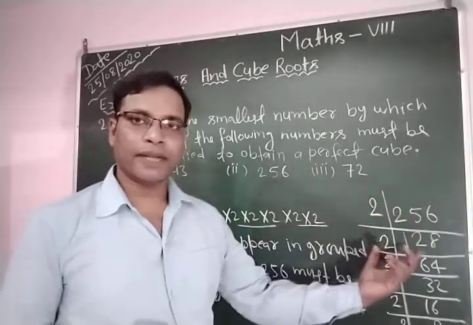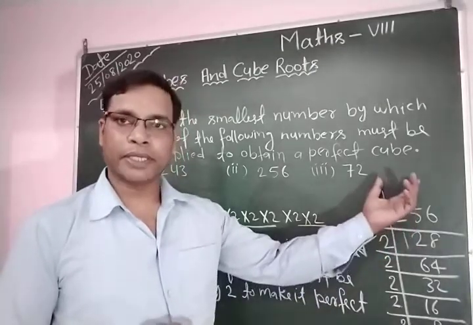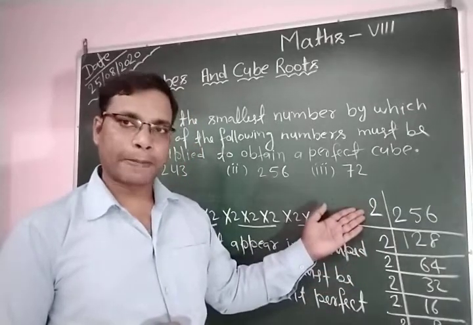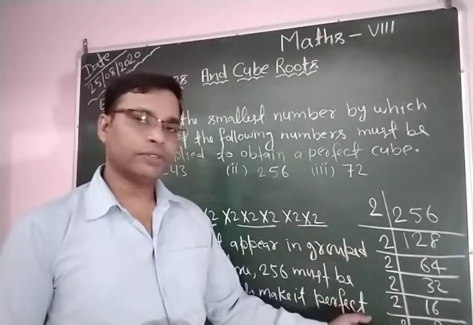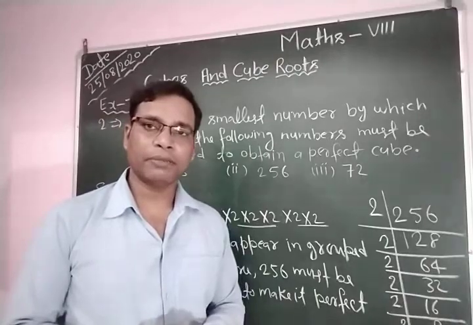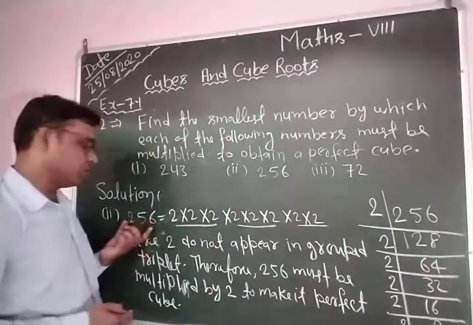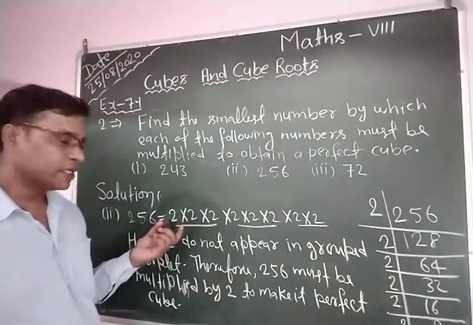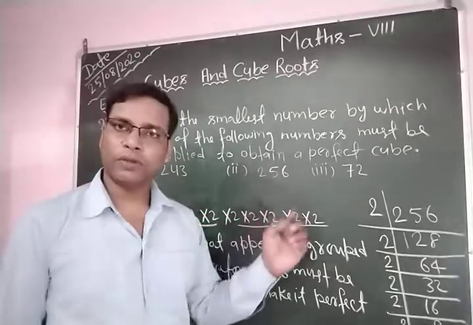Here you can see we find the prime factors of 256 by the prime factorization method. After this we express the given number as a product of prime factors. So 256 expressed as a product of prime factors is equal to 2 into 2 into 2, 2 into 2 into 2, 2 into 2.